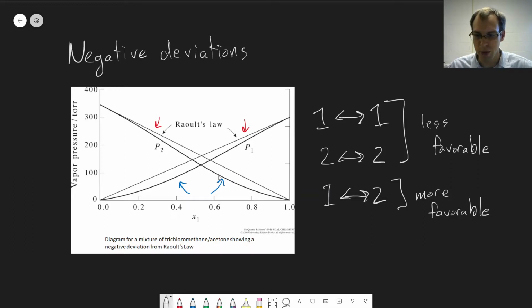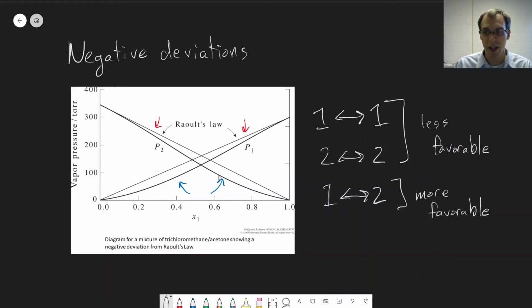So in this example, trichloromethane and acetone have a very strong interaction with each other, which leads to a more favorable, and so they'd rather be in solution. They'd rather be in the condensed phase next to each other than going into the gas phase, in comparison, again, to our example where you have just a pure substance, or you just have the ideal type behavior. And so this gives you negative deviations from Raoult's law.